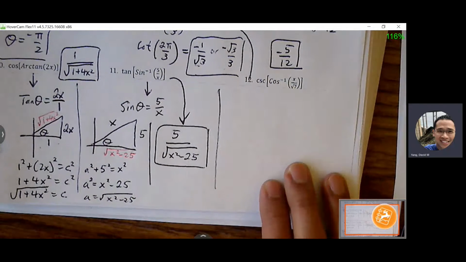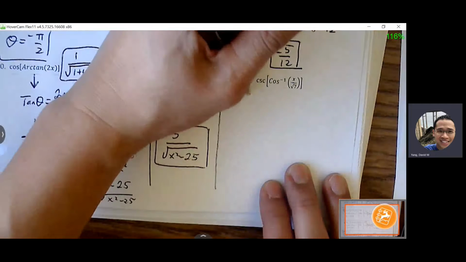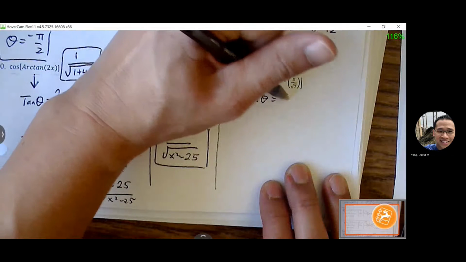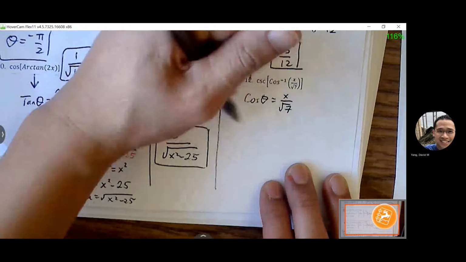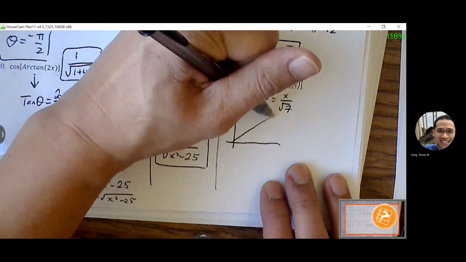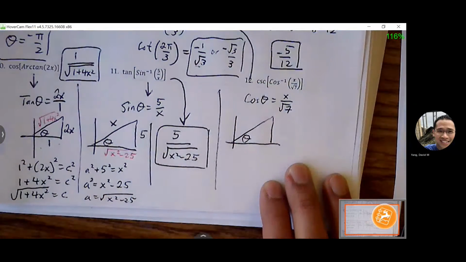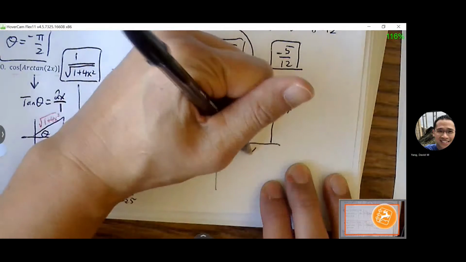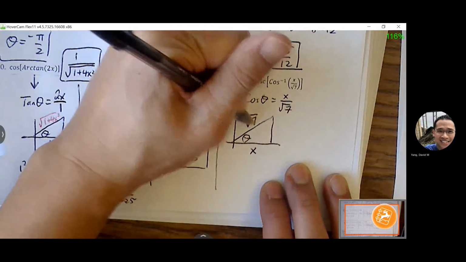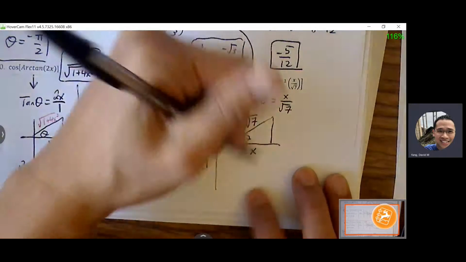Inverse cosine of x over root 7. A squared plus b squared equals c squared.